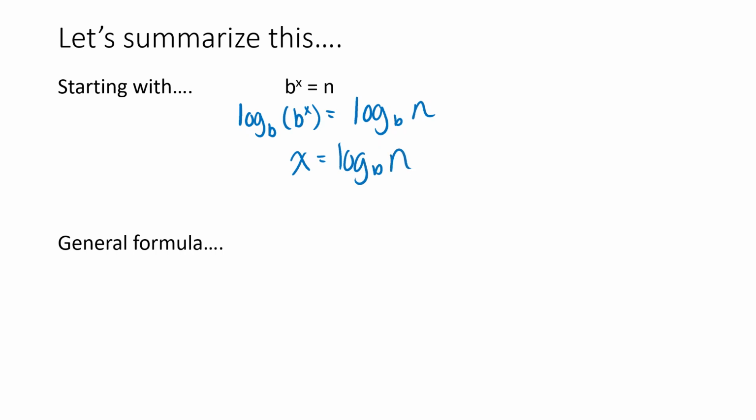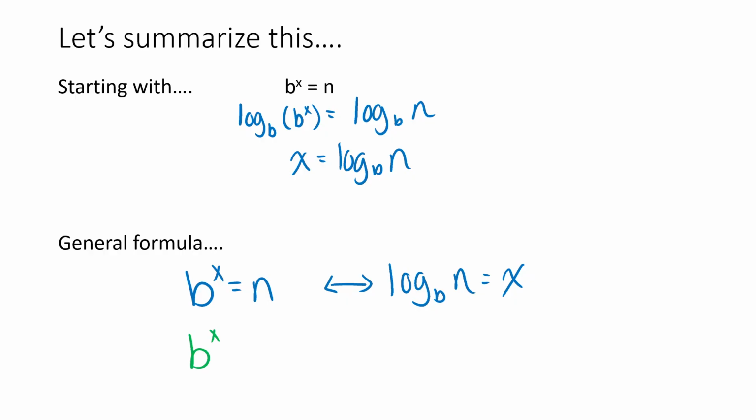General formula, I give it to my students this way: b to the x equals n. The log form is log base b of n is equal to x, but you could use that version of it as well. That's simply changing the sides there. So you could say b to the x equals n, and x is equal to log base b of n.